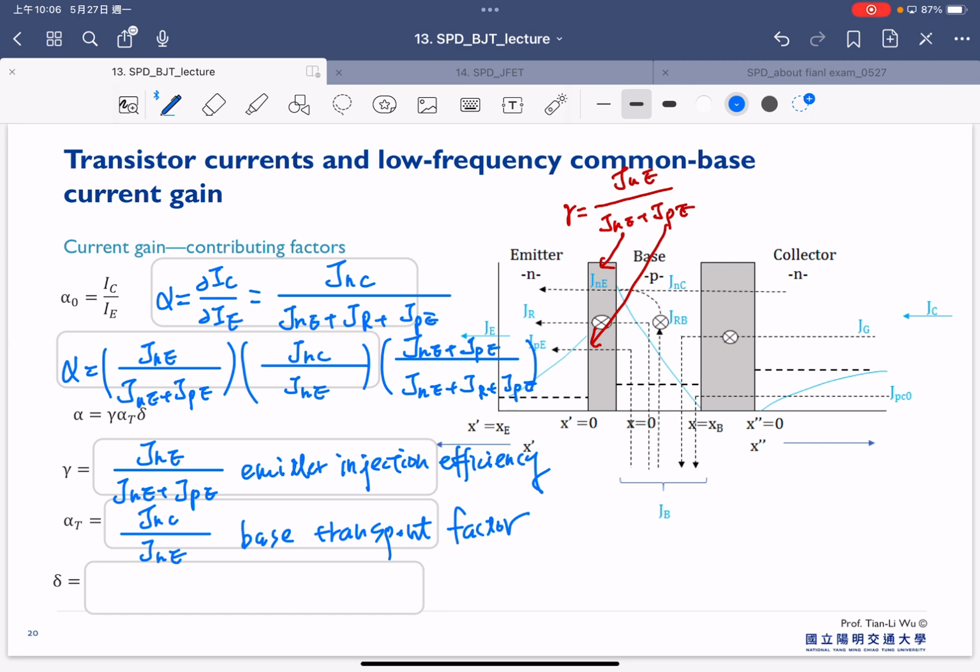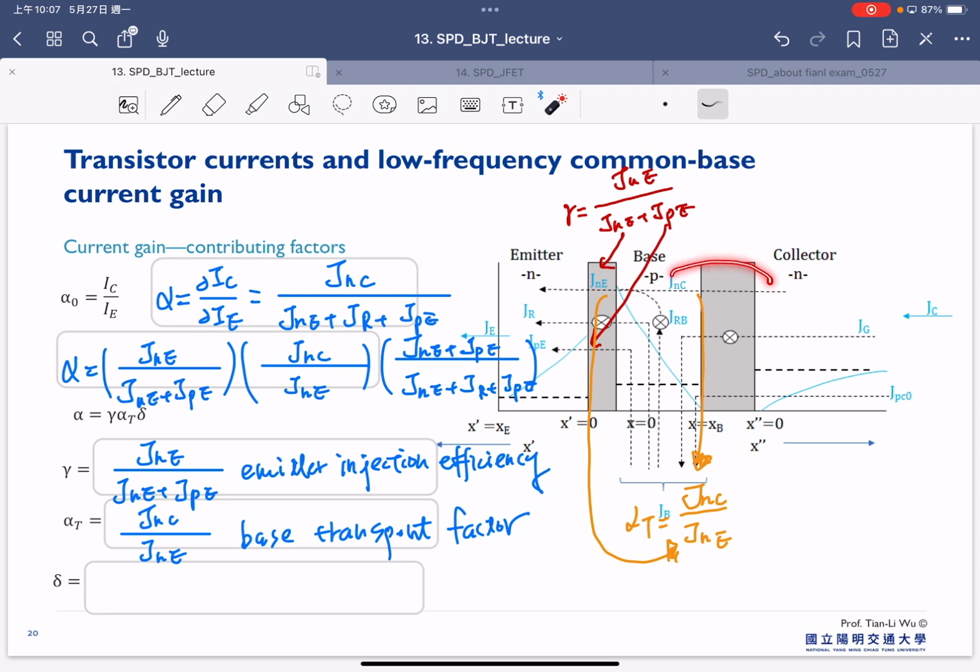Clearly, as already mentioned, we have an electron flow to the base region, that's the JNE.